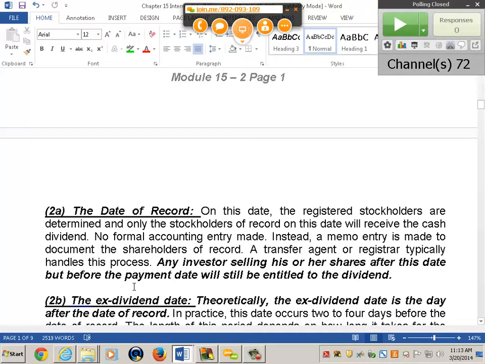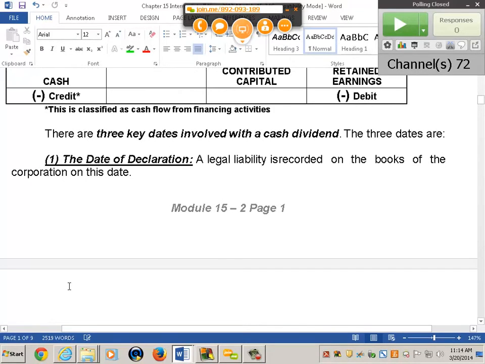So let's go through each one. On the date of declaration, that is where the legal liability is created, and this is only for a cash dividend, right? Only for a cash dividend. So legal liability is created by the declaration of that dividend.